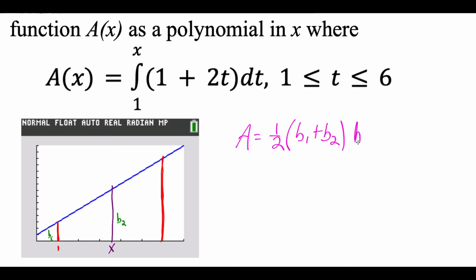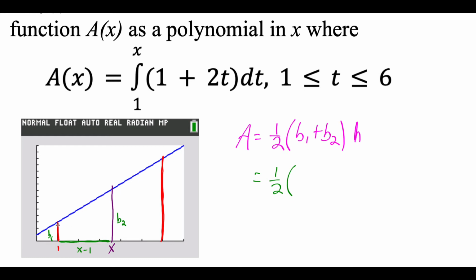And then our height is going to be this distance between that starting value of 1 until we hit that x value. So to calculate that distance, we're going to take whatever our x value is and subtract 1 from it. So now as we're looking at getting things filled into our area formula, we've got this 1/2 times.